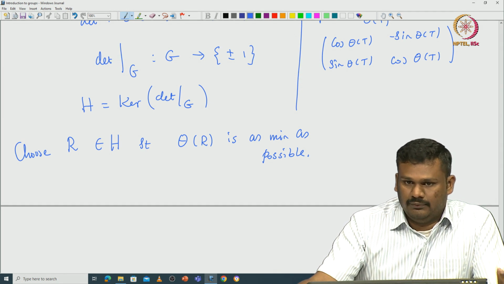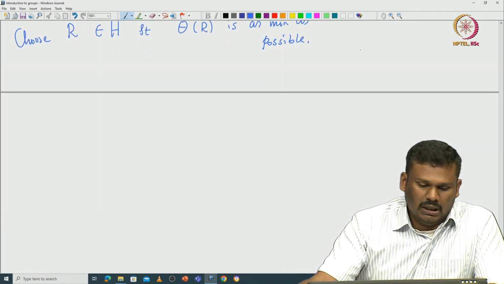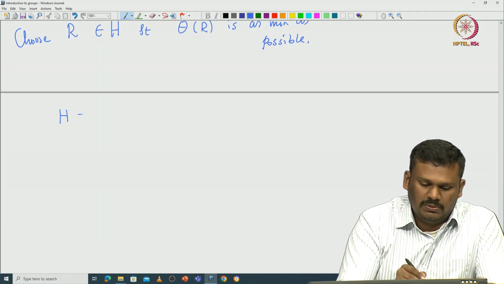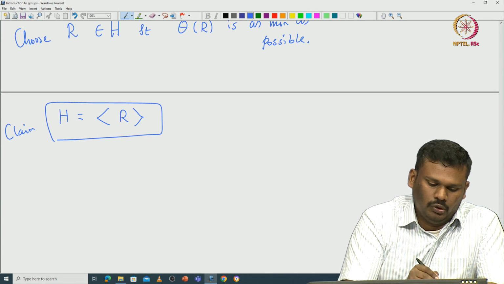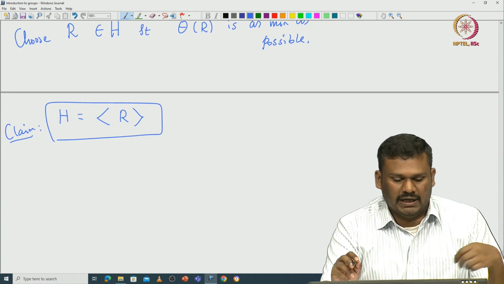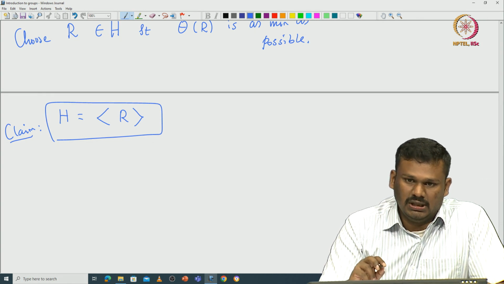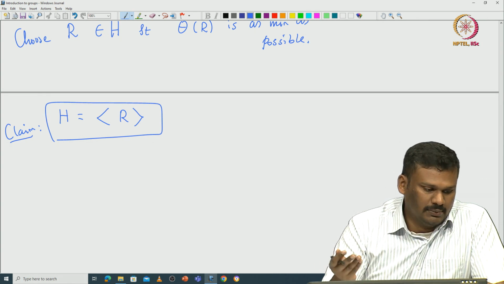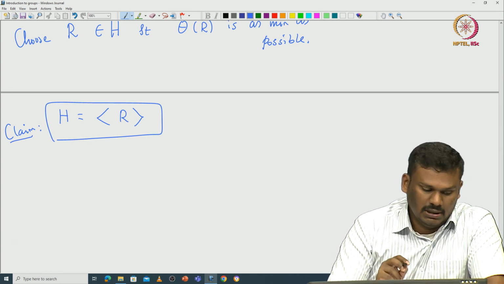So, there are only finitely many angles, and you can choose the minimum among them. Now, our claim is that H must be generated by this r. If we prove this, then we are almost done, because H becomes a cyclic subgroup of G, and then using H you can conclude something about G. But let us see how one can prove it is actually cyclic.